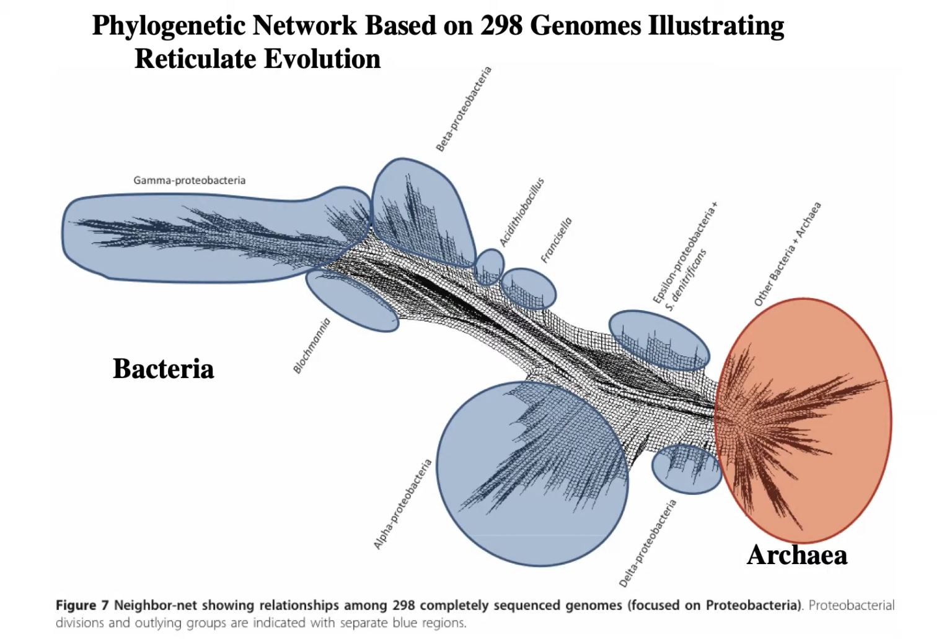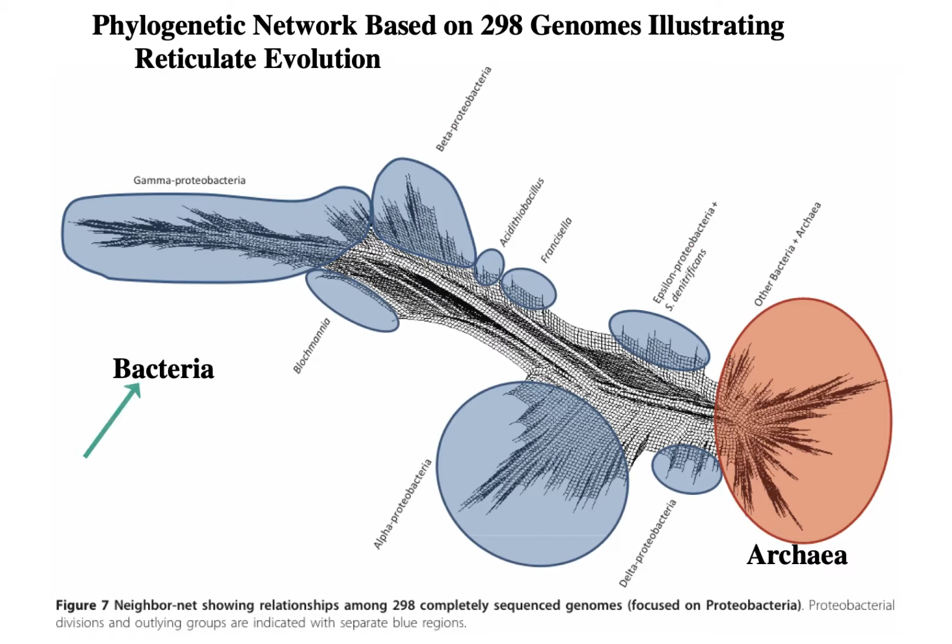If you build a phylogenetic network of that, and this is for 298 genomes, then you can see that evolution is really what's called reticulate evolution. That is, you have a basic structure of an evolutionary tree, but with all of the exchanges, there are a lot of other interactions going on during evolution among those genomes.